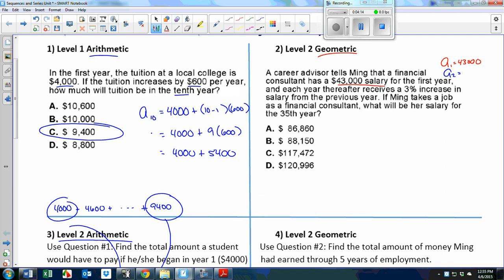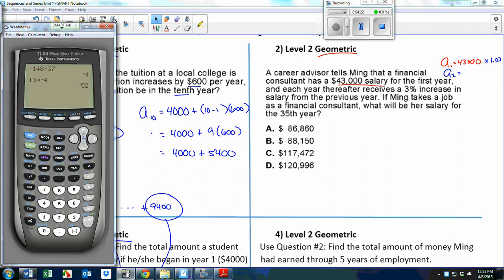You'll remember, multiply it by 103%, 1.03, and you'll get the second year immediately. If you're going to add 3% each year to the original 100%, it's the same as multiplying 43,000 times 0.03 and adding that to 43,000, as if you would have just typed 43,000 times 1.03.